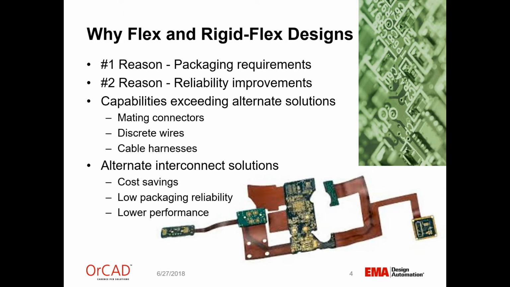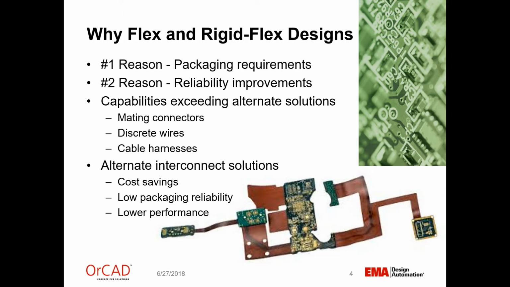So why flex or rigid flex design? There are two main considerations for choosing flex or rigid flex design over alternate solutions. The number one consideration is packaging requirements, where the finished product needs to be smaller and lighter than would be possible with a rigid circuit design. The number two consideration is reliability.